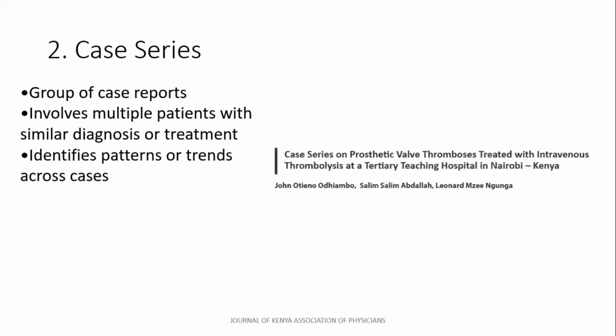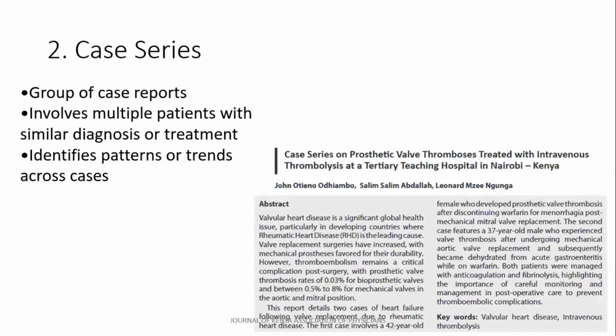So an example here is a paper published in the March issue of JOKAP. It's a case series of 2 patients on prosthetic valve thrombosis treated with IV thrombolysis at a tertiary teaching hospital in Nairobi. Here the patients had valvular heart disease secondary to rheumatic heart disease, and they had undergone valve replacement surgery.